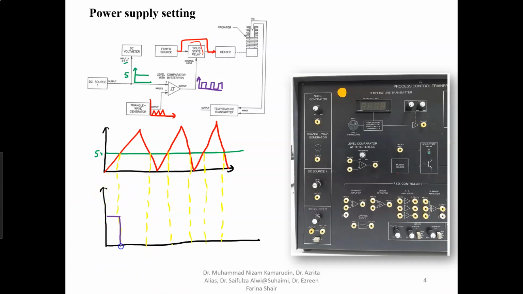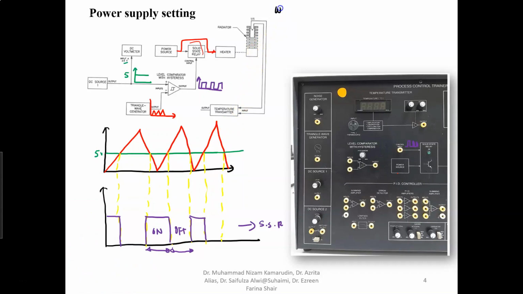And this will be the output of the comparator. Yes. Okay. We put here, this is the on level and this is the off level, and this is the on time and this will be the off time, and this signal is sent to the relay. So this is the solid state relay here.